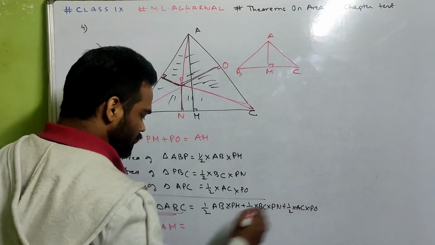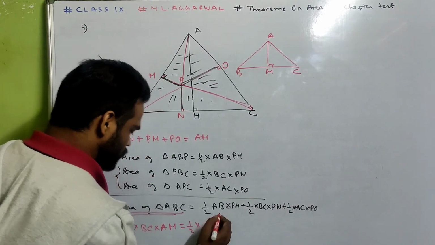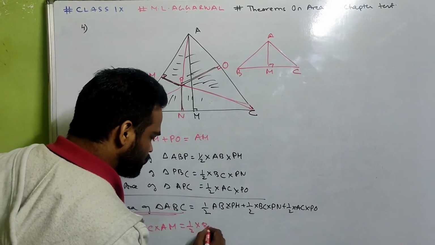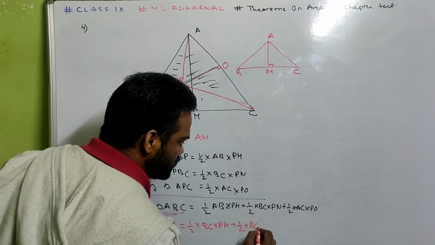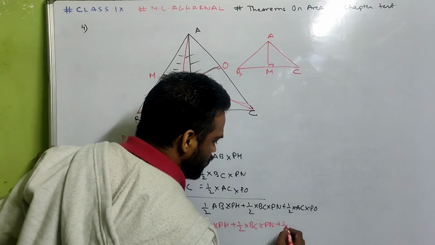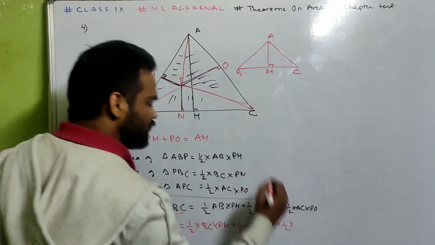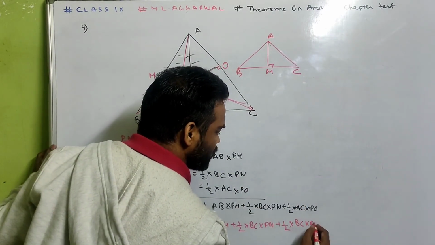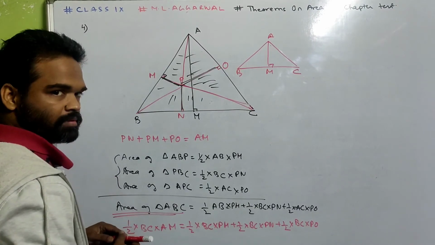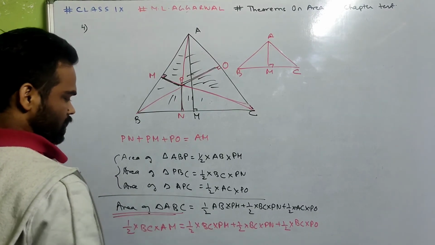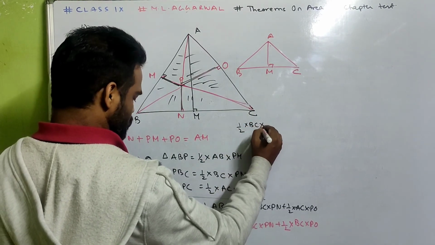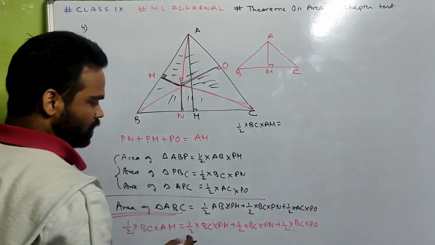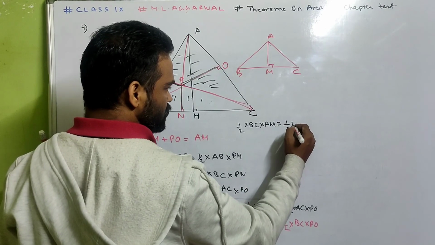Yes. Now look over here. Half into AB. Instead of AB, I can write BC, into PM plus half BC into PN plus half, instead of AC again BC, because it's an equilateral triangle. Done. Now this is half into BC into AM is equal to half BC common.